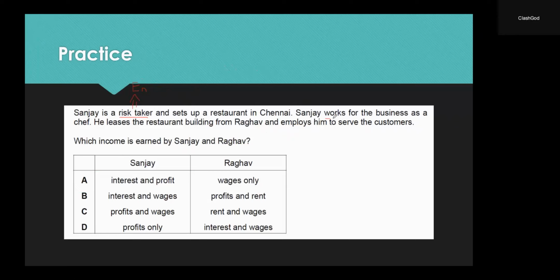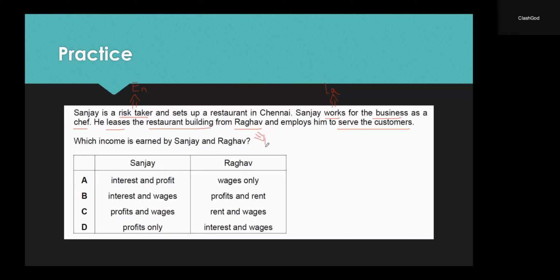And Sanjay works for the business as a chef. If he works for the business, that means that he is a worker. So Sanjay is also labor. He leases the restaurant building from Raghav, which means Raghav is the owner of the building, the owner of the land.